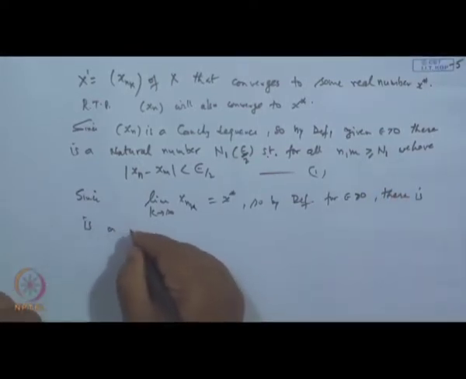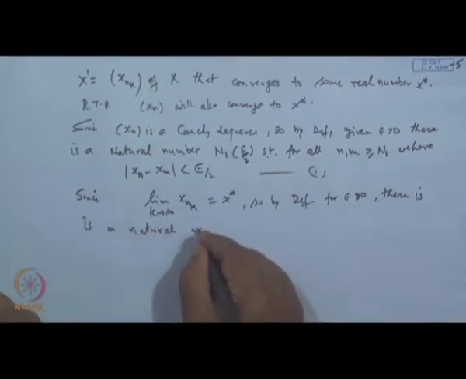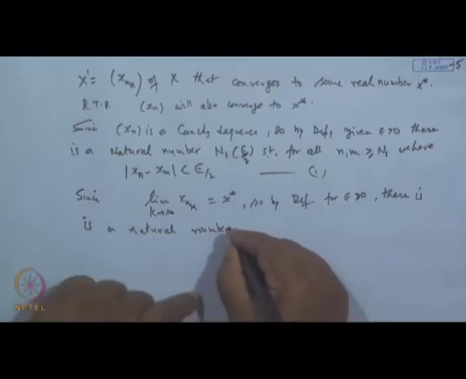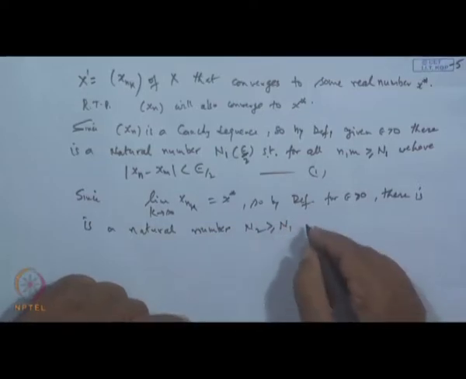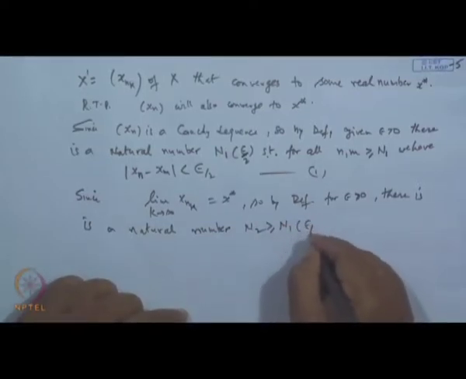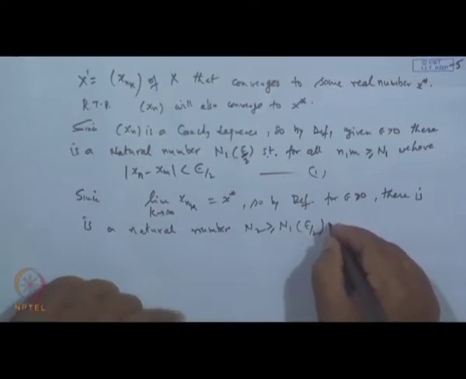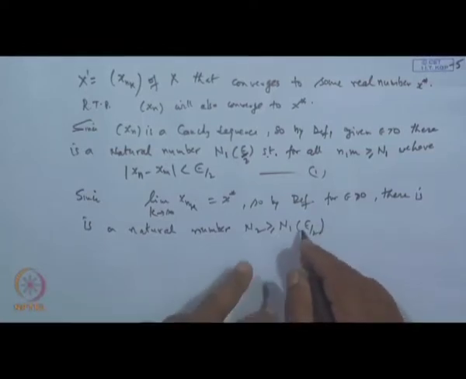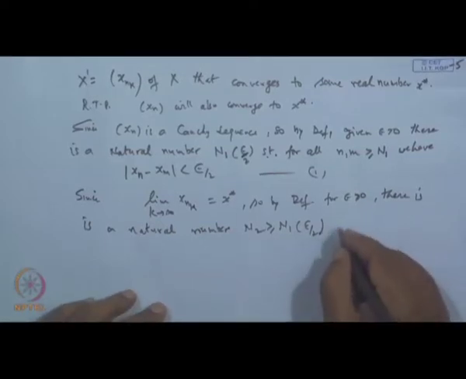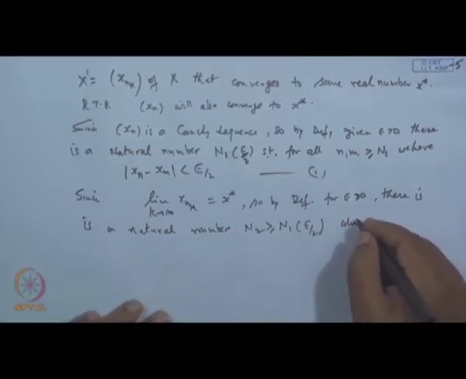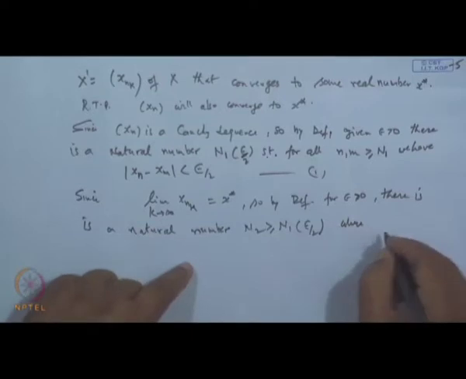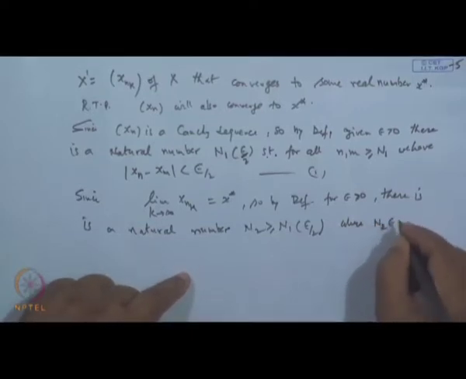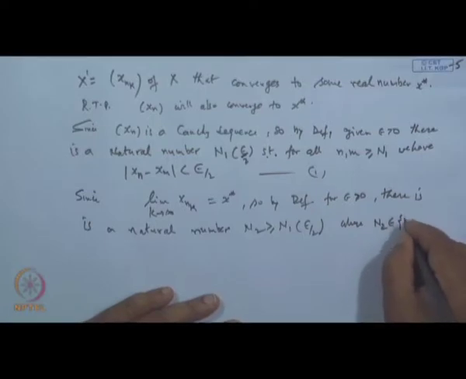a natural number, say n_2, which is greater than or equal to n_1, which depends on epsilon by 2, such that this n_2 belongs to the set n_1, n_2, etcetera.